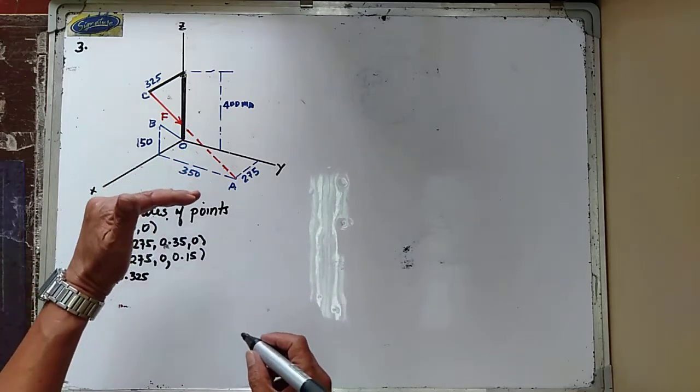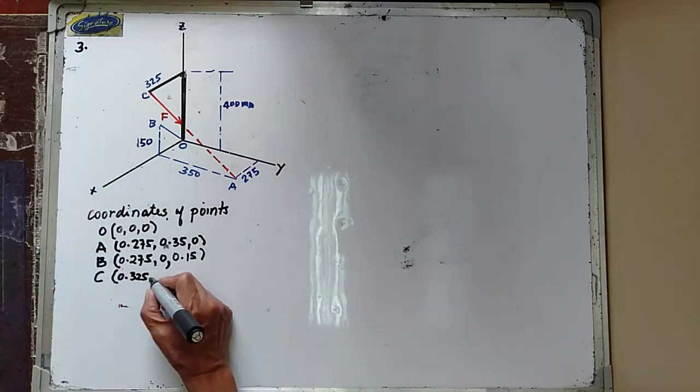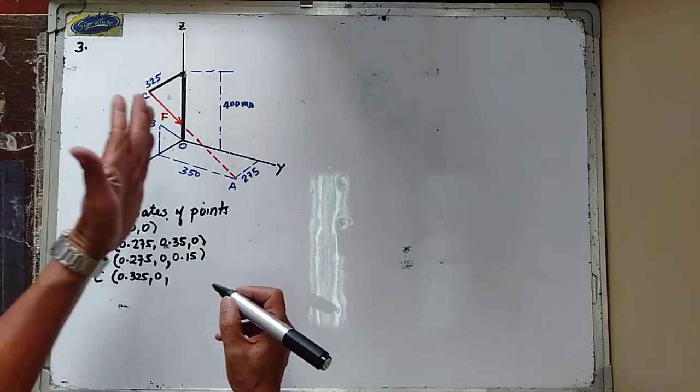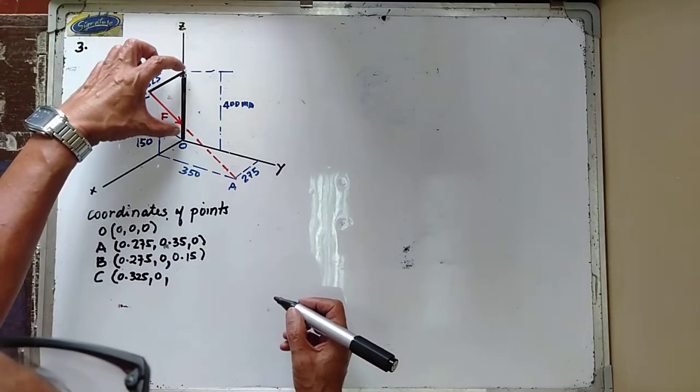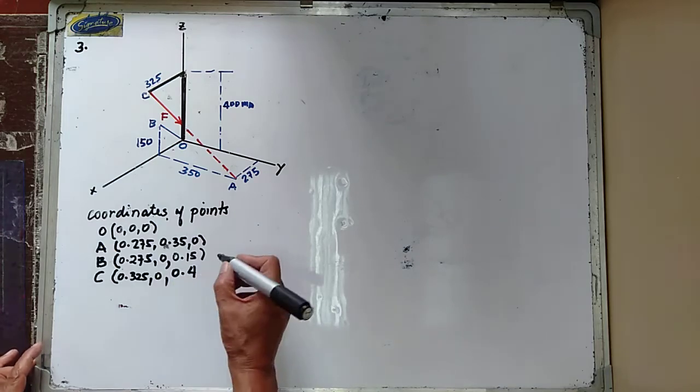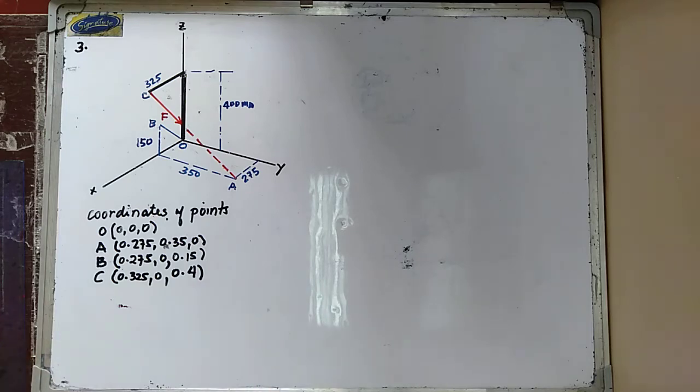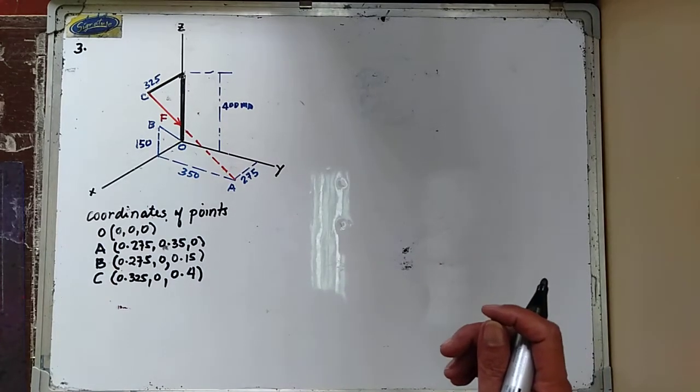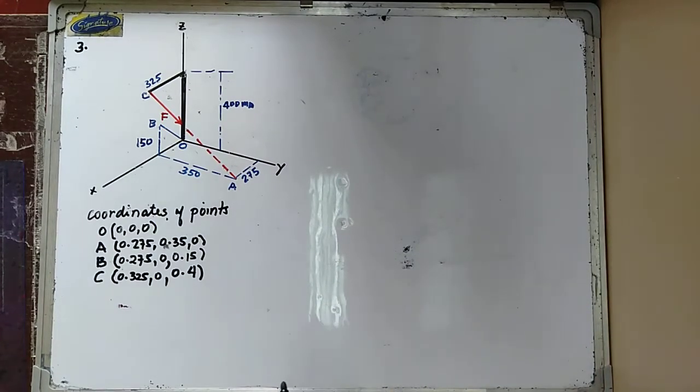And in the y-axis, it is equal to 0. And in the z-axis, that is equal to 400 millimeter, or 0.4 meter. We now have the coordinates of the different points of the figure shown.